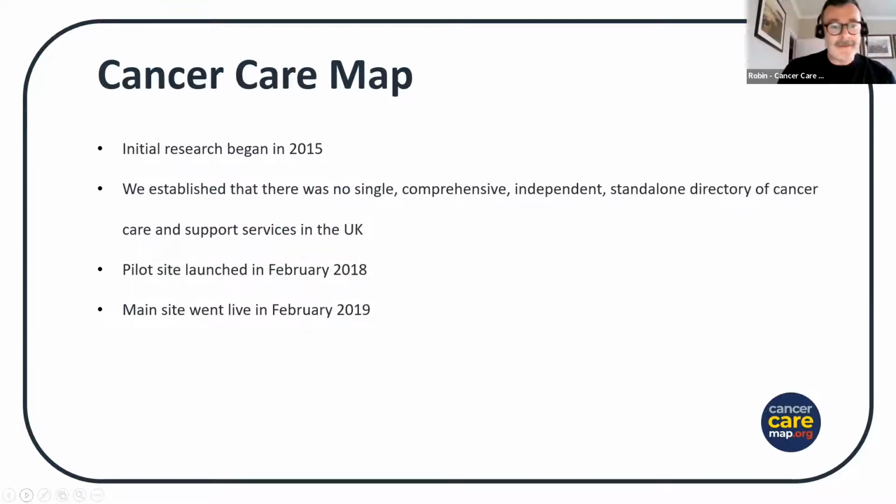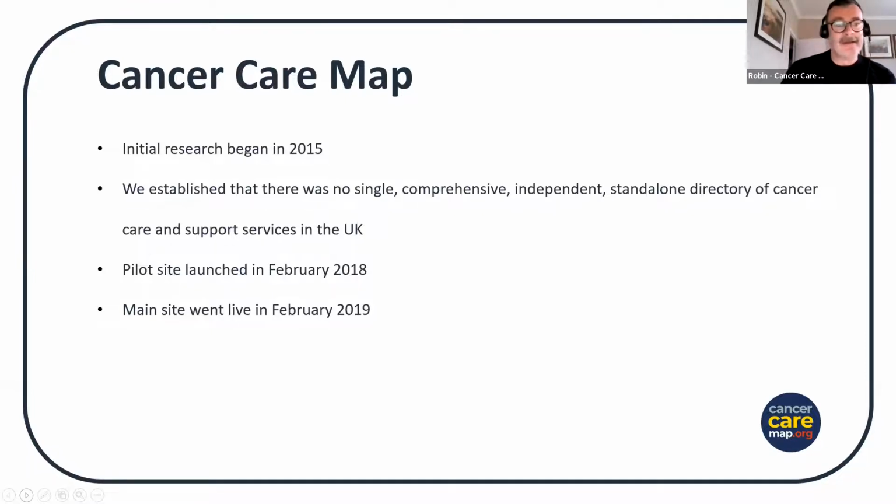So we commissioned a piece of research with Guy's and St Thomas's, and it became clear that although other charities do provide some signposting, there was no single comprehensive, independent, standalone directory of cancer care and support services in the UK. So we did some further research and worked with some user groups that included not just patients, but also carers and healthcare professionals. And the pilot site for Cancer Care Map was launched in 2018, and it became the sole focus of our charity in 2019.